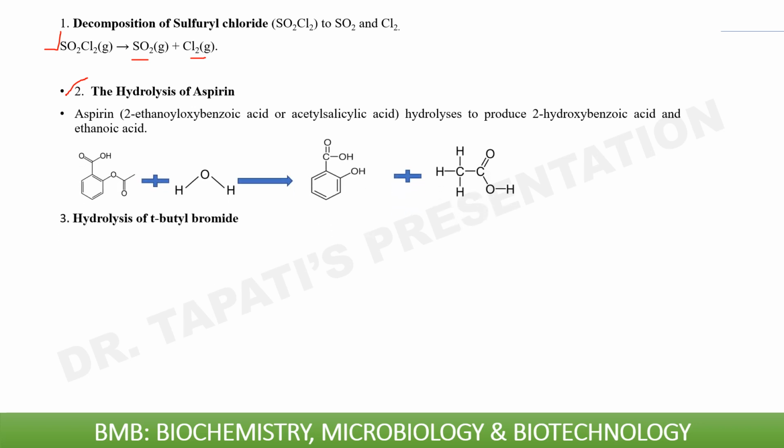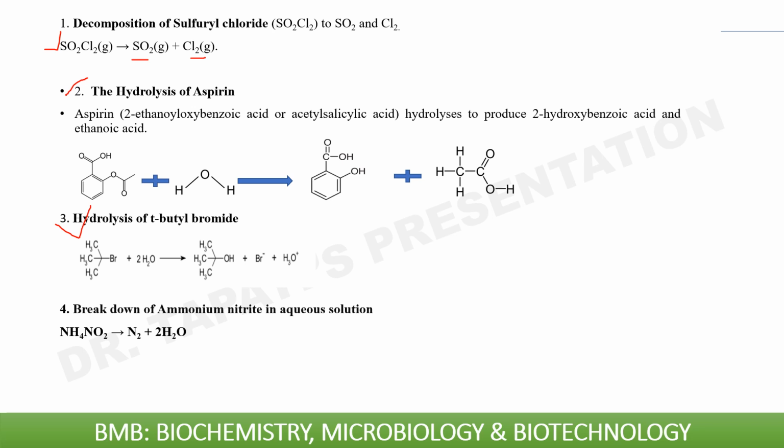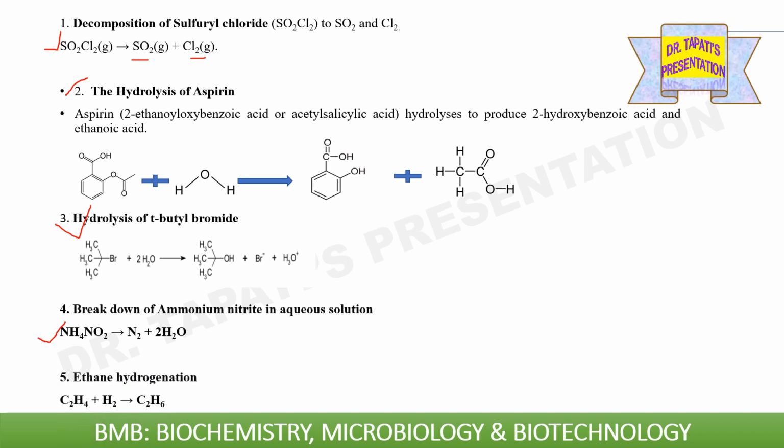Third example is hydrolysis of tertiary butyl bromide. Fourth example is breakdown of ammonium nitrate in aqueous solution. And ethane hydrogenation reaction. These are all examples of first order chemical reactions.